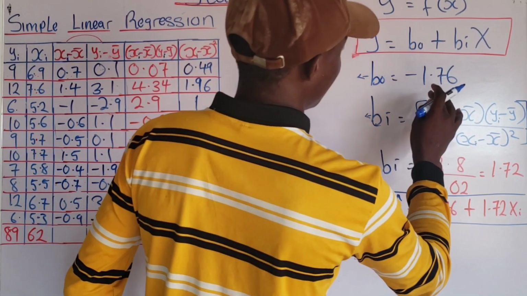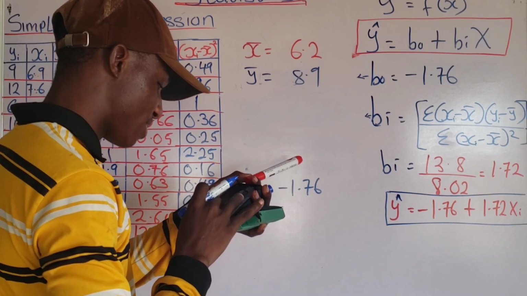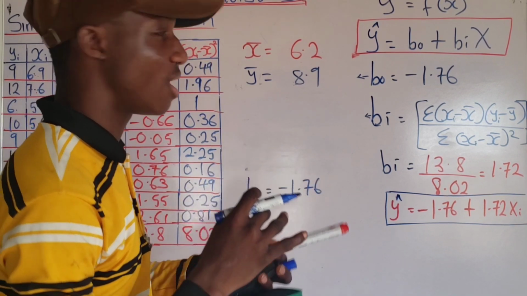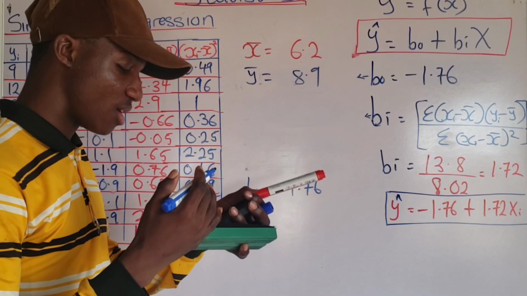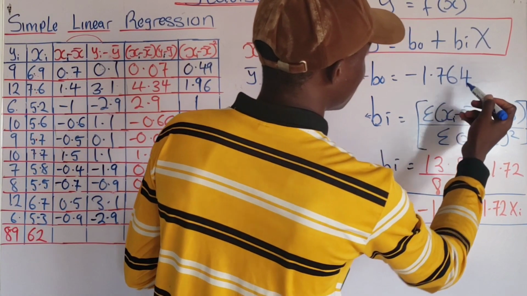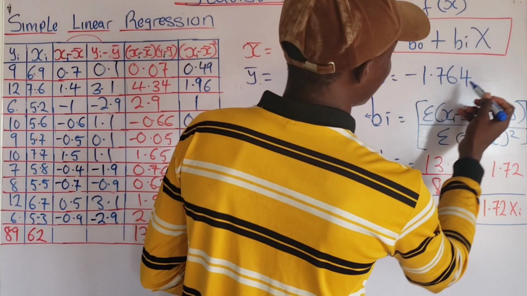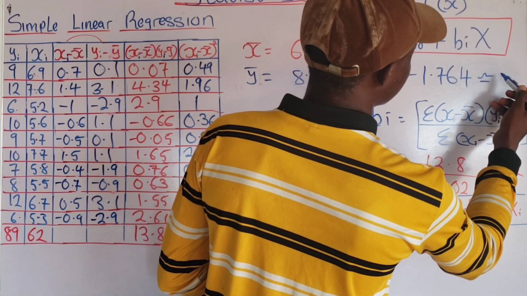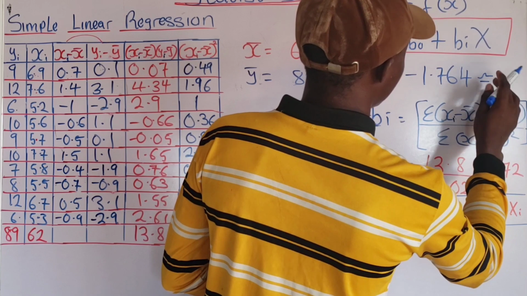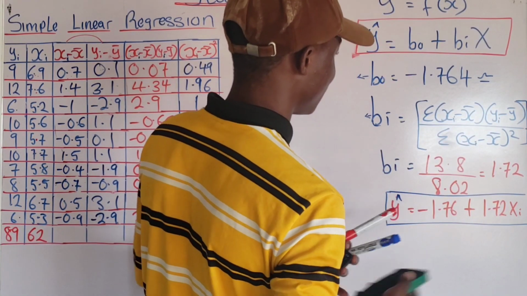I don't want to use the approximated value. I approximated it to negative 1.76, but the value actually is negative 1.764. If you want to approximate it, you can put it there.